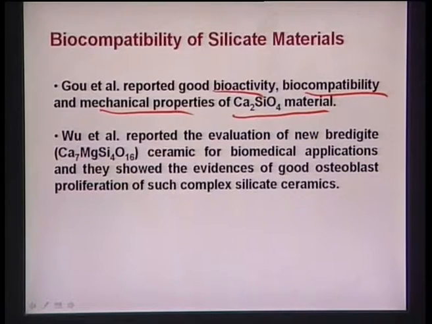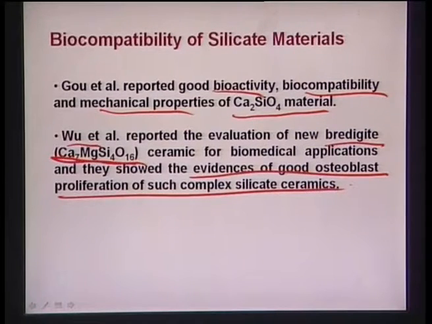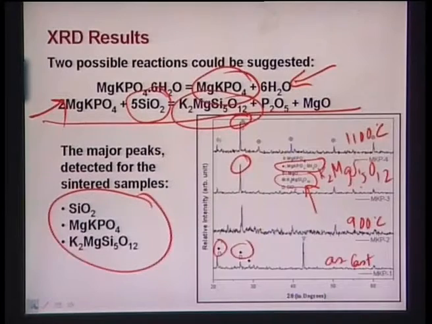Also, another group led by Wu reported one particular complex silicate phase, Ca7MgSi4O16, as a ceramic for biomedical application, because this ceramic showed evidence of good osteoblast proliferation. From this literature we believe that our materials, which have a combination of the magnesium phosphate phase and silicate phase, should behave well.